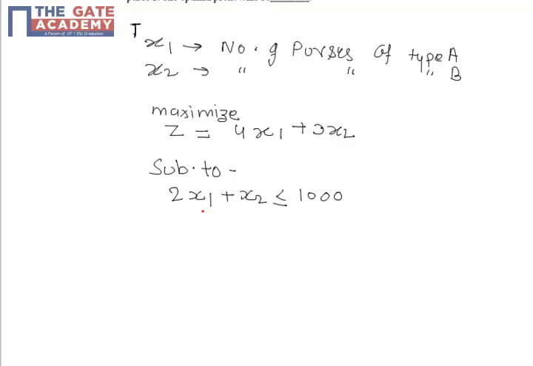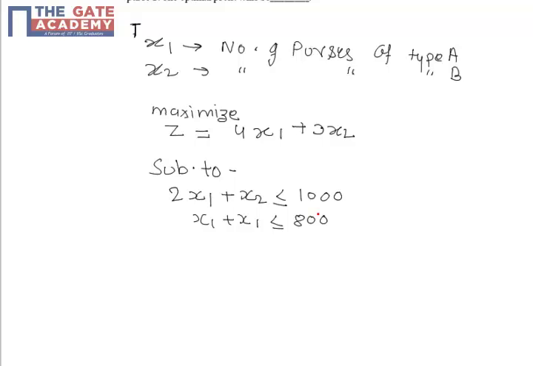And the second constraint is given, that the supply of leather is sufficient for 800 purses. So x1 plus x2 is less than or equal to 800. We can't make more than 800 pieces because the leather available is only for 800 purses. For purse A, the zip required is only available in 400 pieces.